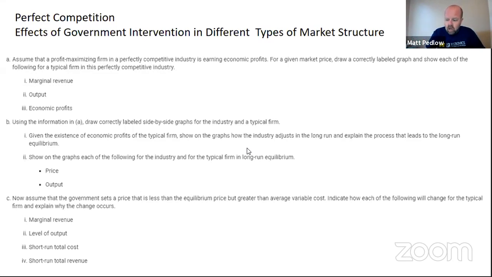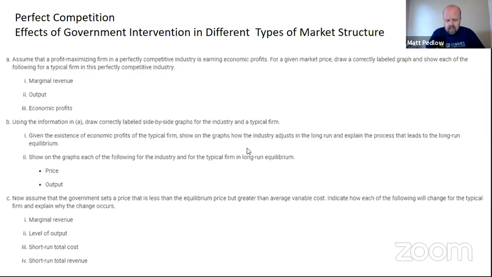And then short run total cost, well, this is where kids trip up and get too fancy for their own good. Common sense. My costs are based on how much I'm producing, correct? The more I produce, the higher my cost. So if my output falls, that means I'm producing less. If I'm producing less, what happens to my total cost? It falls.